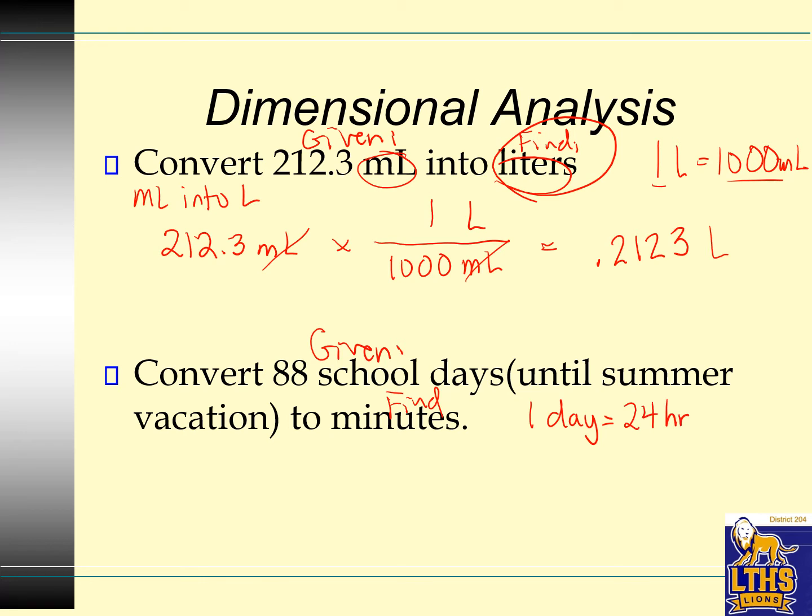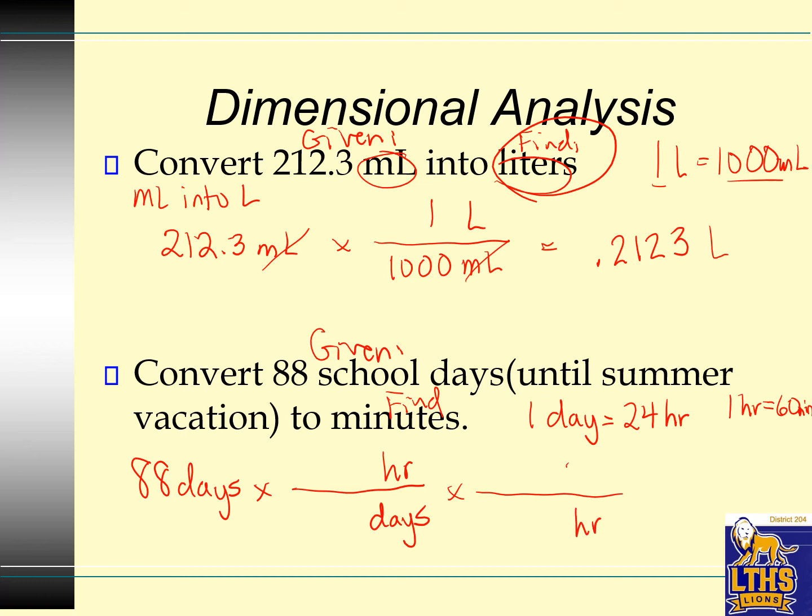We also know that 1 hour has 60 minutes. So these are equalities, and we're going to use them as conversion factors. We'll start with our given 88 days, and we're going to cancel out days by putting it on the bottom so that it cancels out and changes to hours. And then we're going to do another conversion where we cancel out hours and change it to minutes.